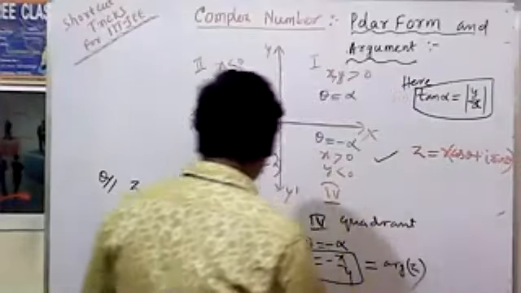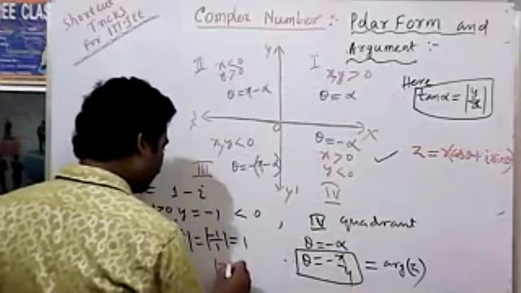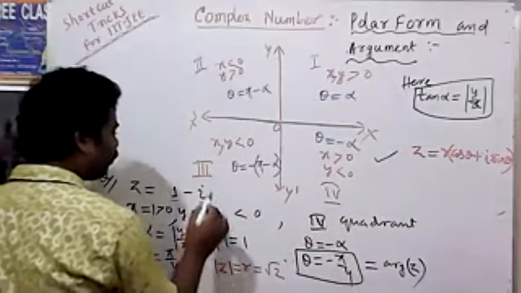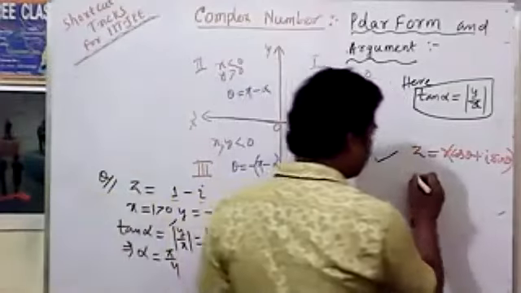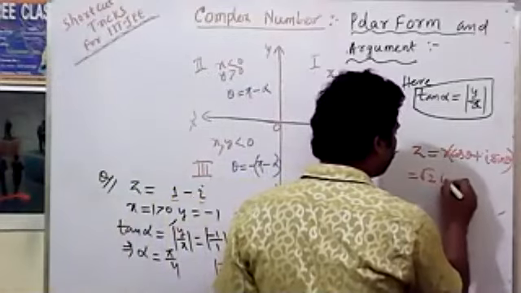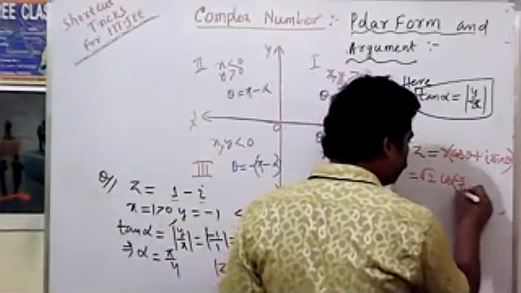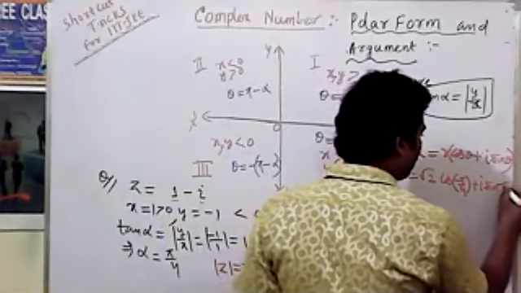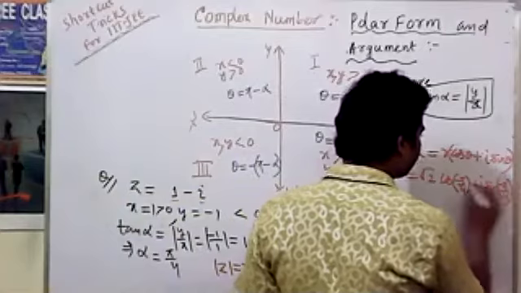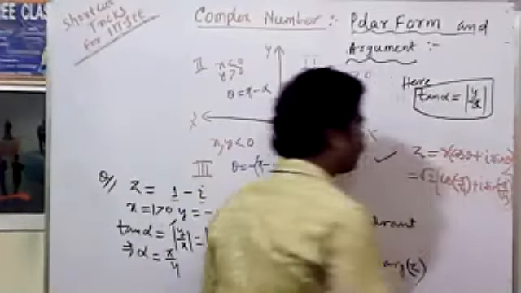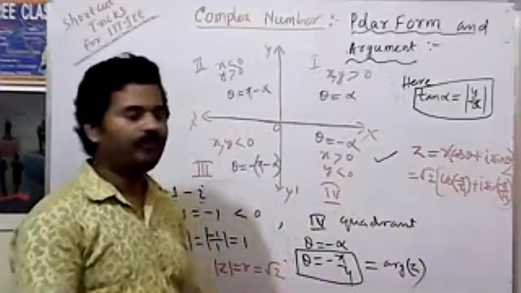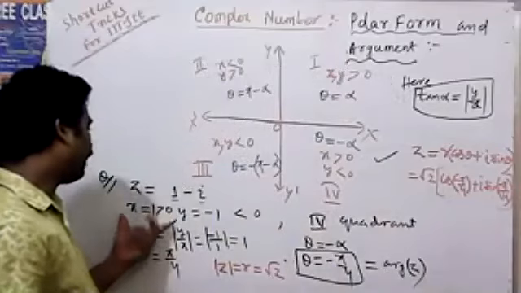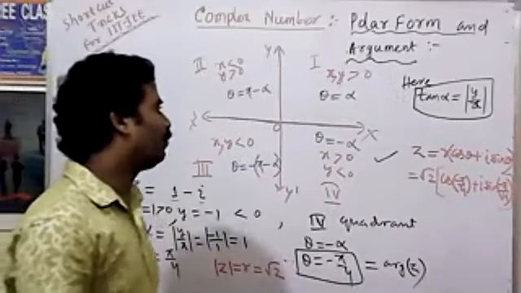Here r, the modulus of z, is root 2, that is, this square plus this square, root 2. So you can write root 2 into cos minus pi by 4 plus i sin minus pi by 4. This is the polar form. If the polar form is given, you can write the argument, and if the argument is given, you can write the polar form also.